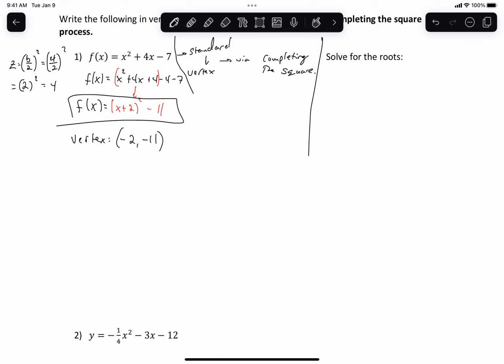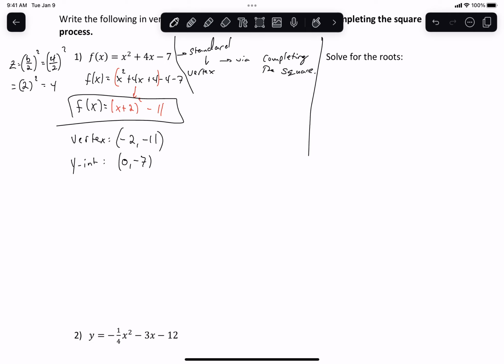We need at minimum 3 points in order to produce a quadratic, I'd say. You found the vertex, that's 1. You'd know the y-intercept. What's the y-intercept of this one? Yeah, the y-intercept would be 0, -7.